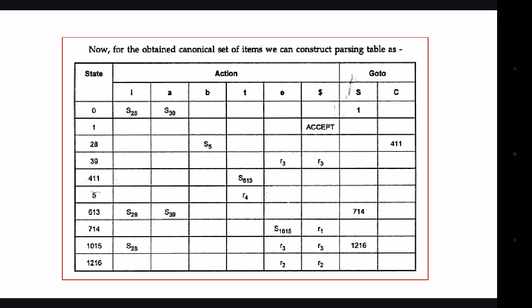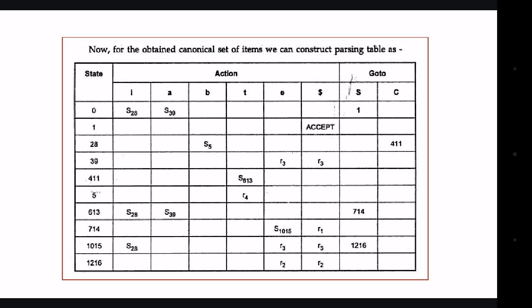Based on the terminals and states we are going to fill the table. For state 0 and terminal I we have S28, which has been merged so far. So we have the states which have been merged here, that we can notice.